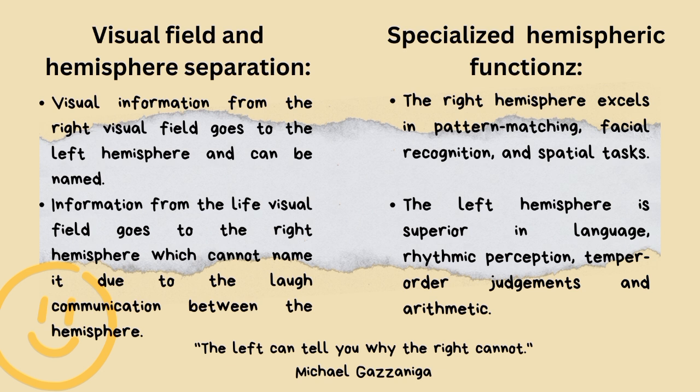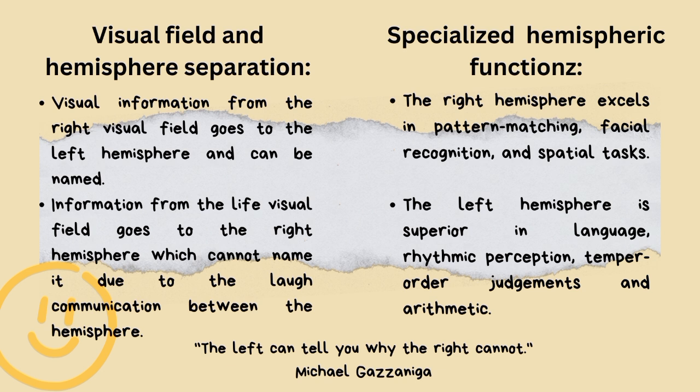Allow me to give you an example. For example, in some cases, like when a person has had surgery that disconnects the two hemispheres, which is a procedure called a split brain operation.